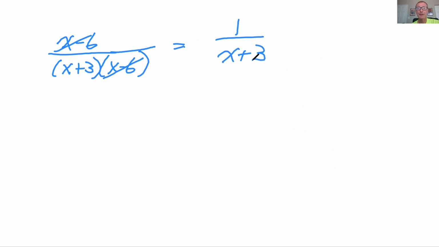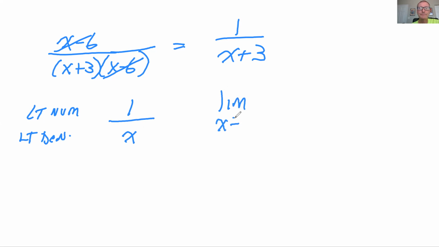And so what happens here? Well, the leading term in the numerator is the number 1 now, right? And the leading term in the denominator would be x. So when you do this limit, what ends up happening? You would have 1 over infinity.